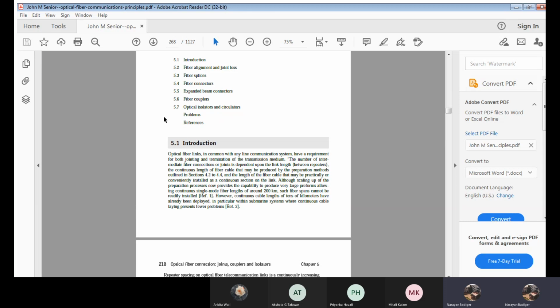It means the distance covered is 6,000 kilometers, the repeaters used are 120 at a distance of 50 kilometers each, 10 gigabits per second are being transferred, and we have 32 wavelength channels. I hope you already know what WDM is, that is, wavelength division multiplexed channels.